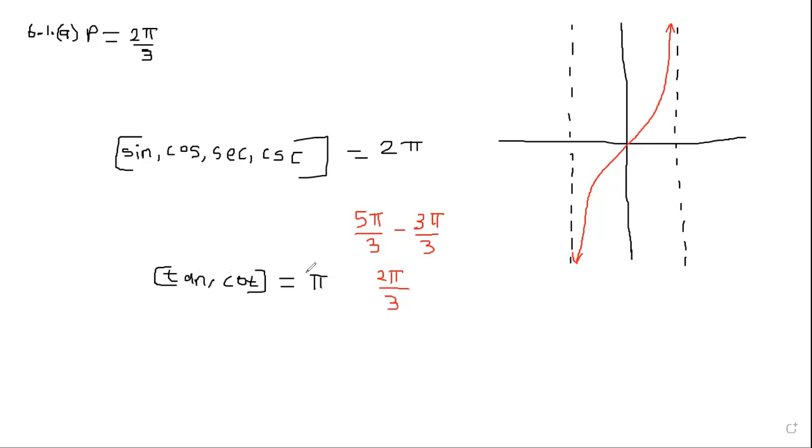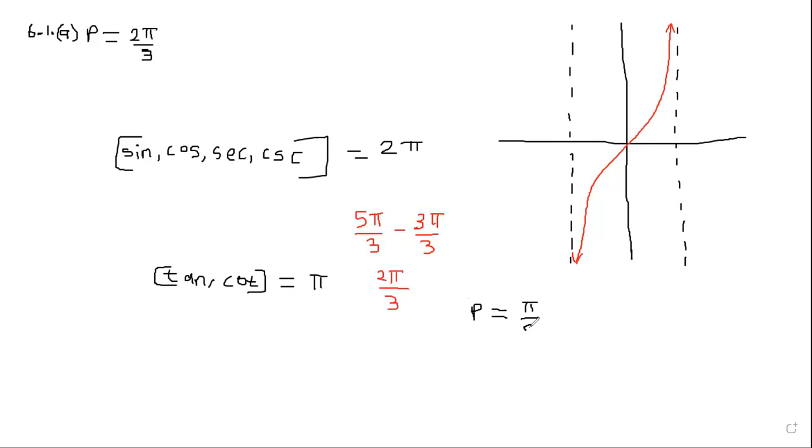So meaning that now we have to say period is equal to pi over C, instead of saying 2 pi over C.